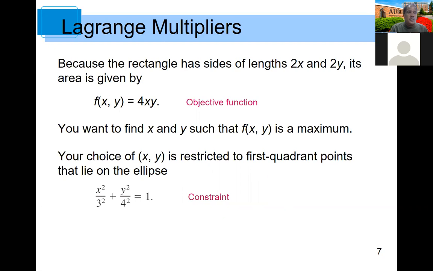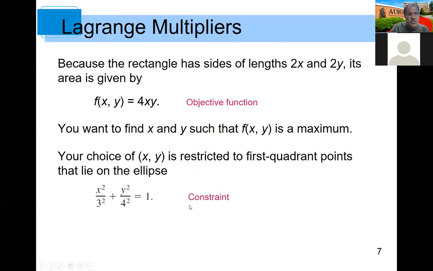And this objective is obtained under this constraint. The x and y which will maximize this function should also satisfy this equation. That means that point has to be on the ellipse.